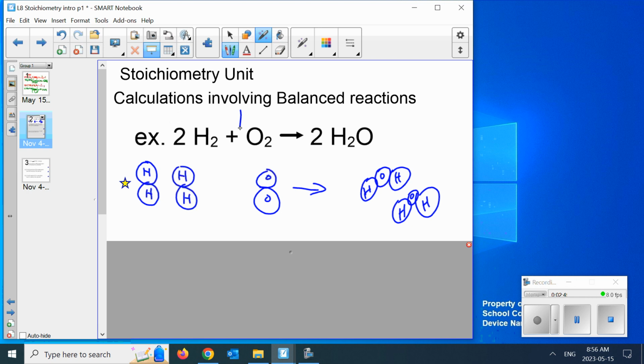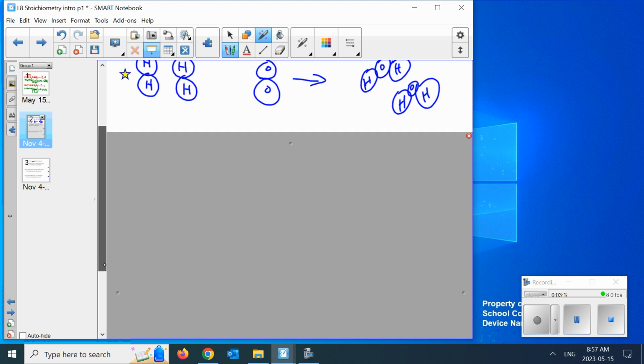If I say moles, it works the same way. You need 2 moles of hydrogen to 1 mole of oxygen, and you'll make 2 moles of water. So even though I think of this initially as molecules, it's the same ratio for moles. We're going to use that throughout our calculations from now on.